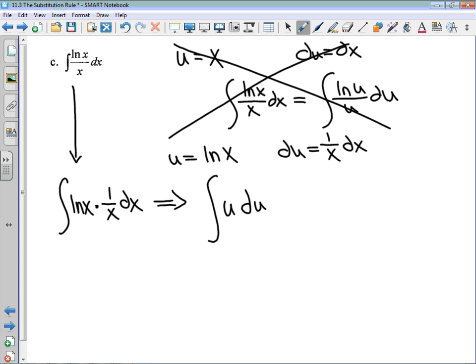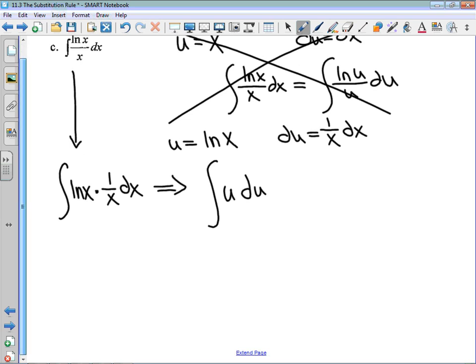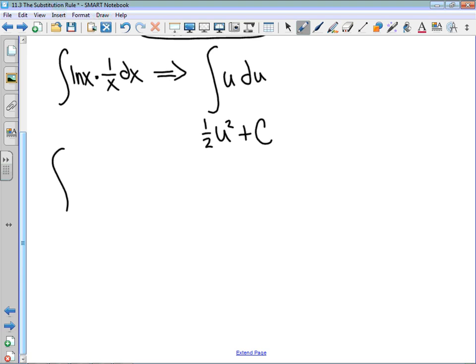This becomes u to the power of 2 times 1/2 plus a constant, but u is equal to ln x. So when we make that substitution, I'm going to write the whole thing out, that the integral of ln x over x dx can be written as 1/2 times the natural log of x squared plus some constant.